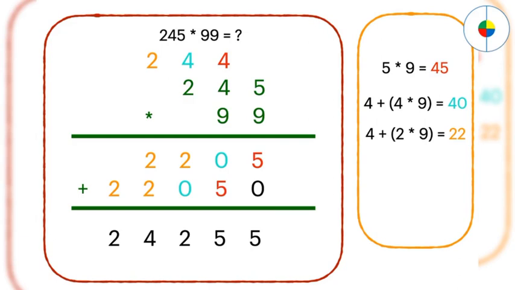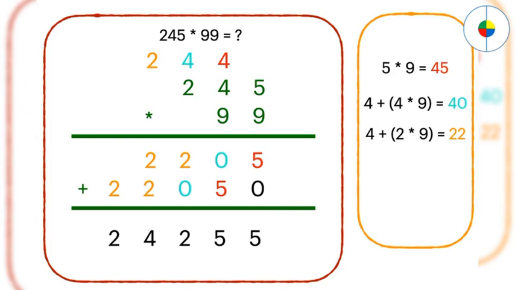So 4 is added to the next position, which becomes 4 times 9 plus 4 equals 40. It's still greater than 10, so 4 is added to the next position, which becomes 2 times 9 plus 4 equals 22. It's still greater than 10, so 2 is added to the next position. And the result would be 2205.